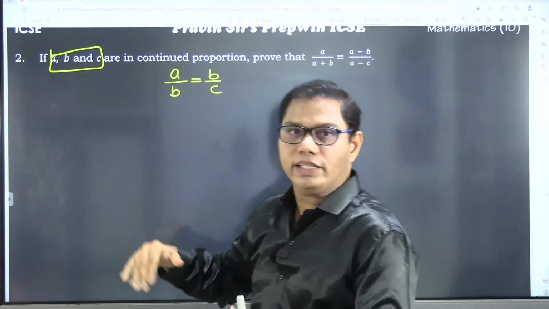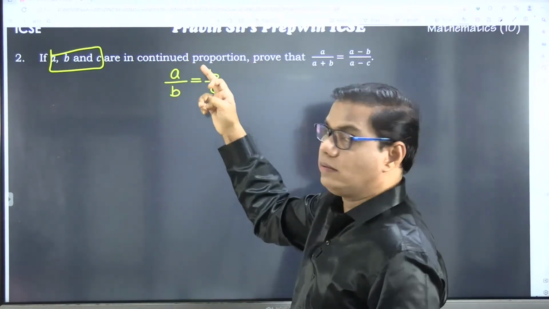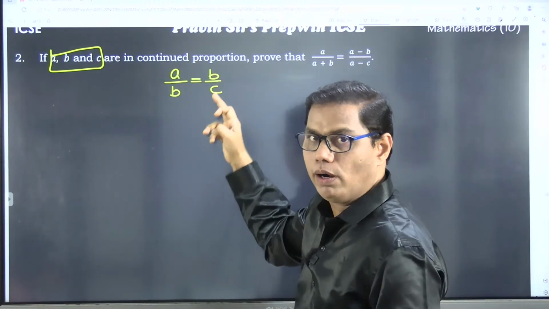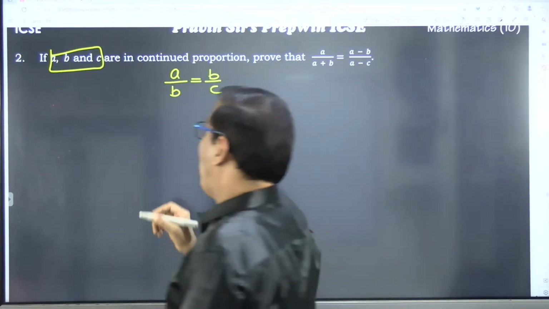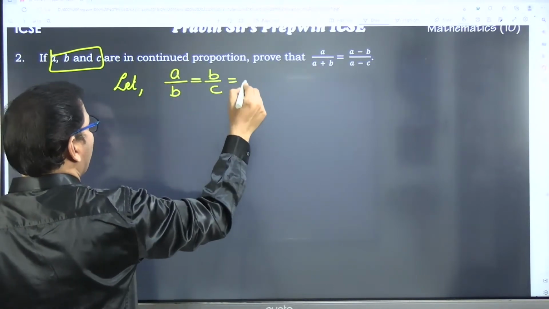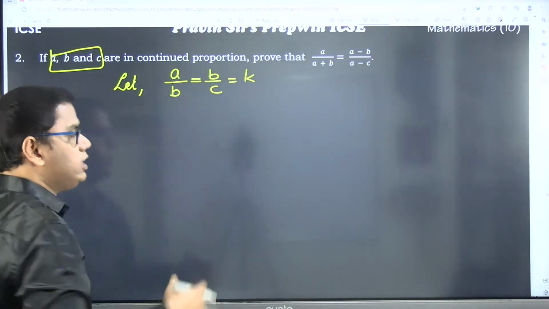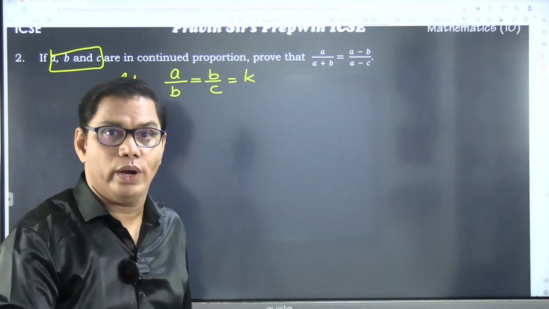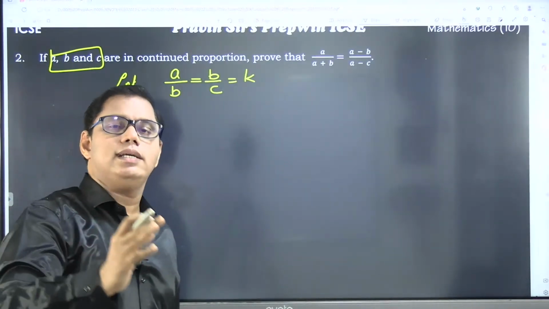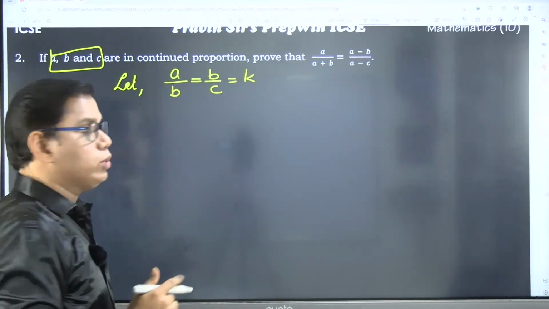Proportion means equal ratio. The easiest method over here is the K method, and we are going to use that method. There is another method also, whereby you substitute B square as AC, but we are not going to use that method.